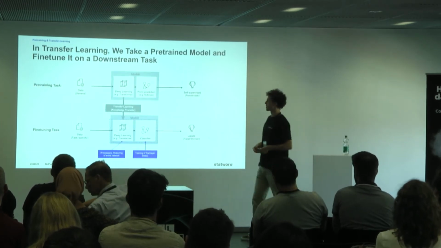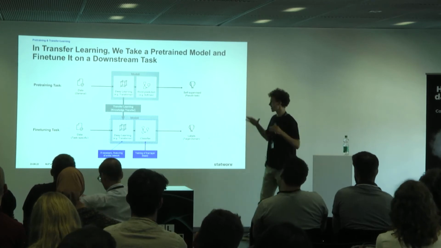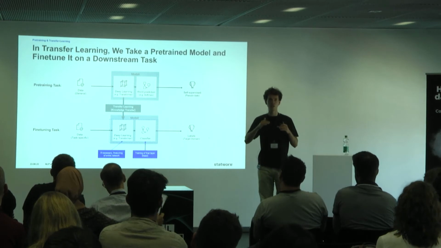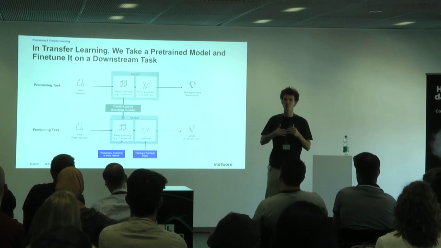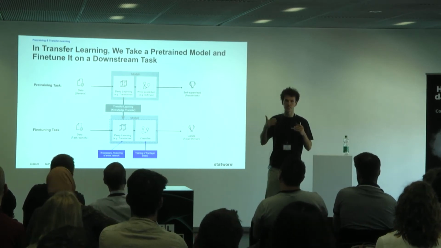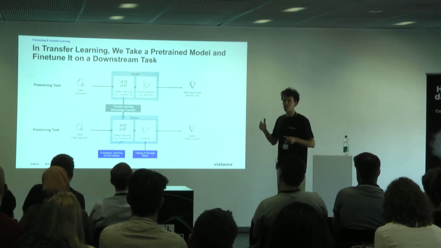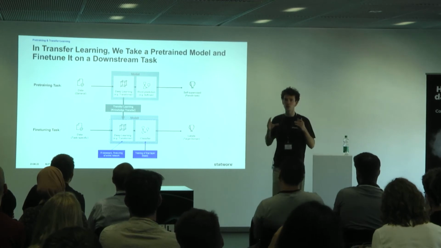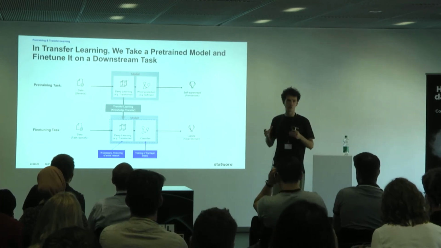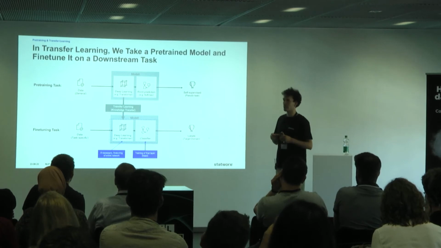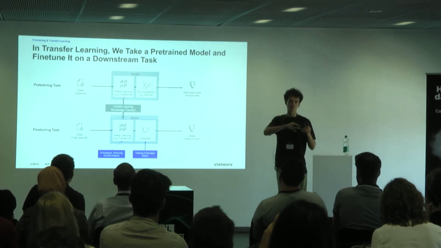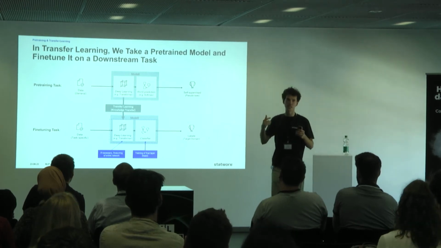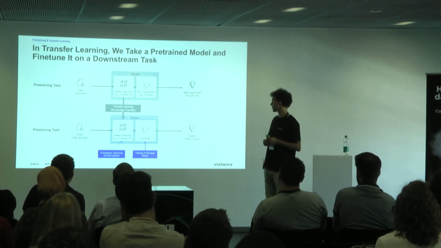All right, so the training process, simplified, looks like this. We have this pre-training task, which is not relevant for an industry use case in general. It is there because we have a lot of data and it is not labeled. So this is part of unsupervised or self-supervised learning, where, as I mentioned, we just mask single words in the sentence, and the model then predicts the word that is missing.